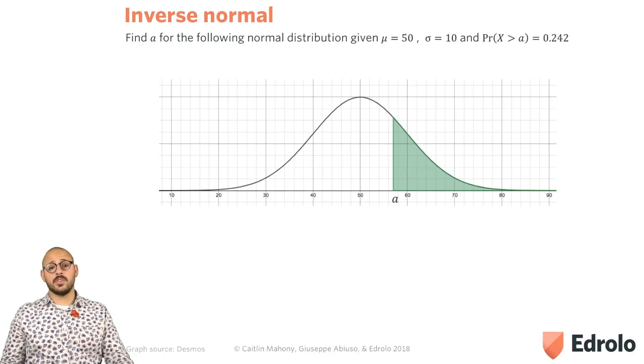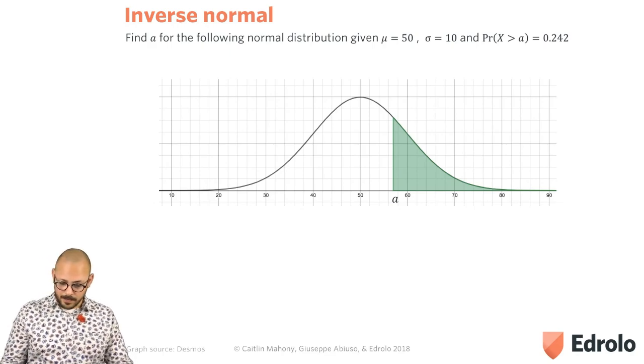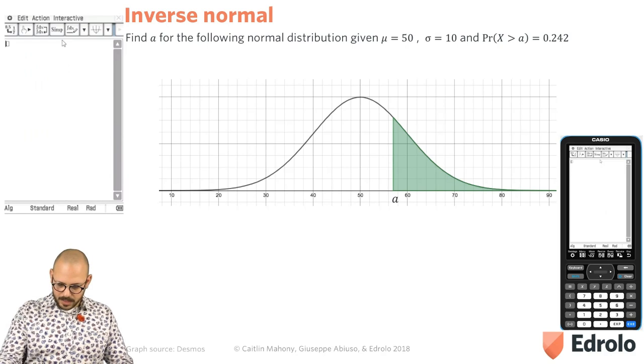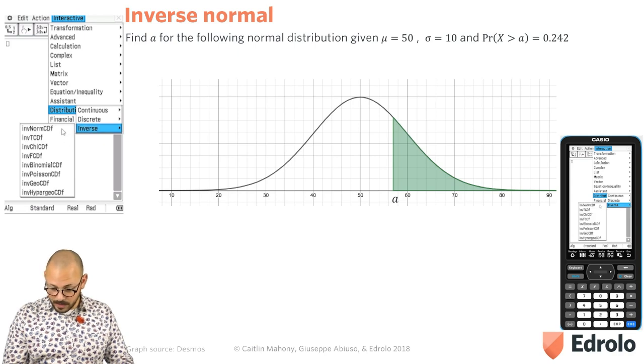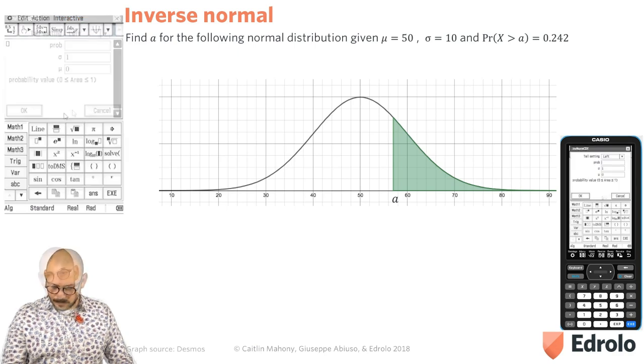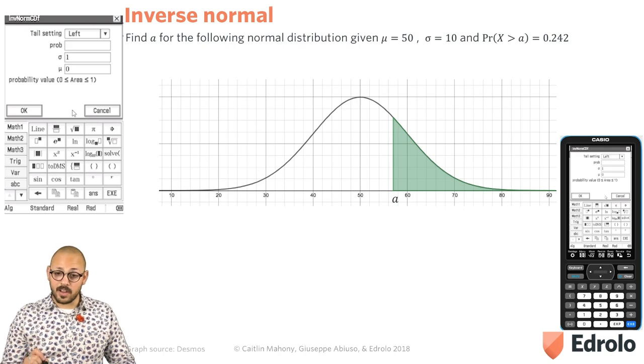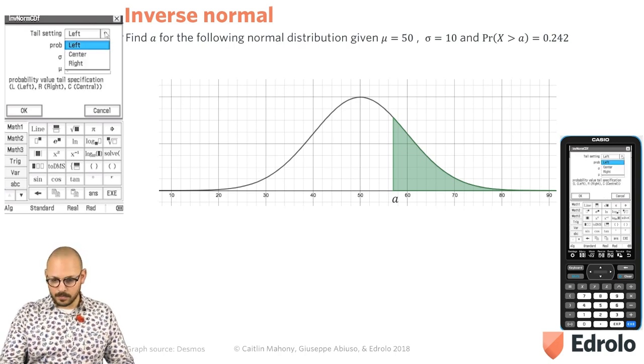Here I'm going to show you how to use the inverse normal function on your calculator. We go to main, we go to interactive, distribution, inverse distribution, and we go to inverse here. Inverse norm CDF. Now this is where the Casio ClassPad really shines, because we have this tail setting here.